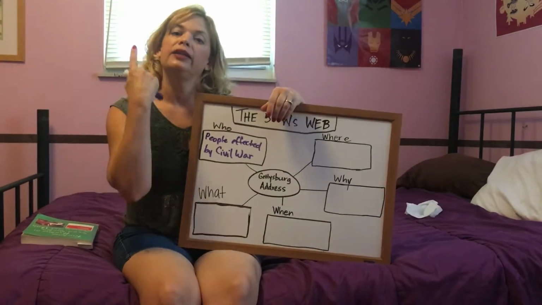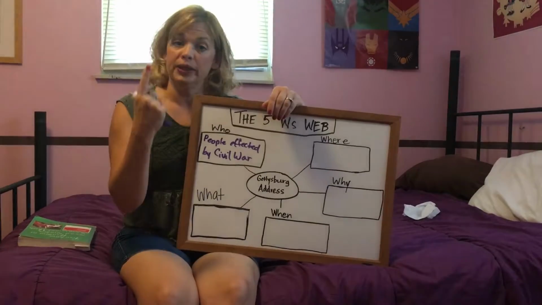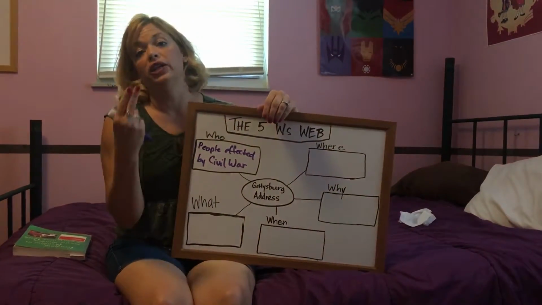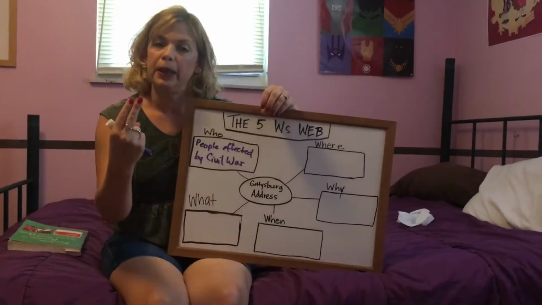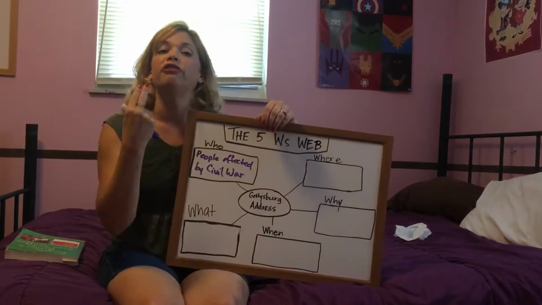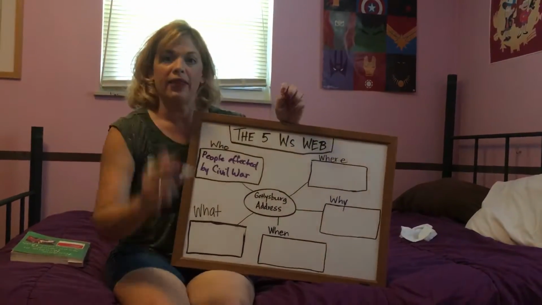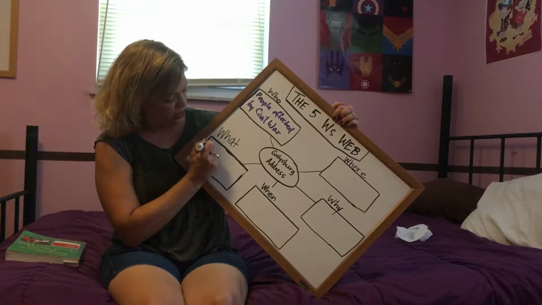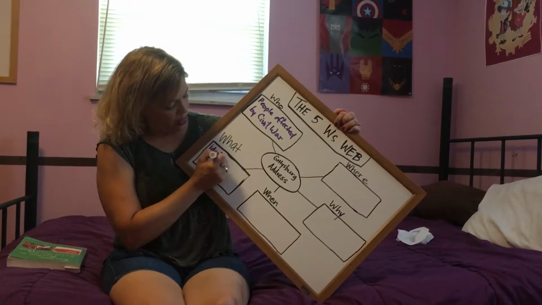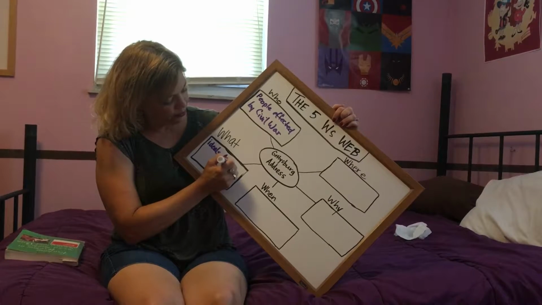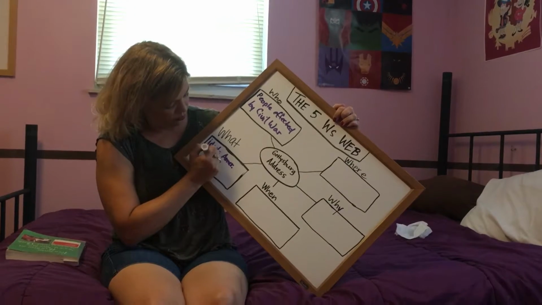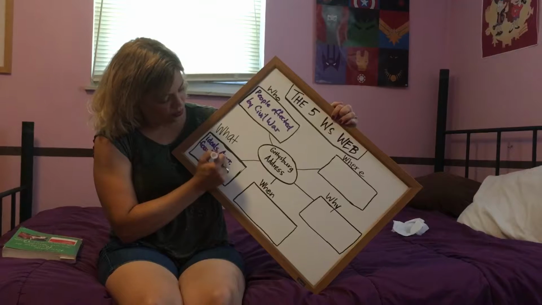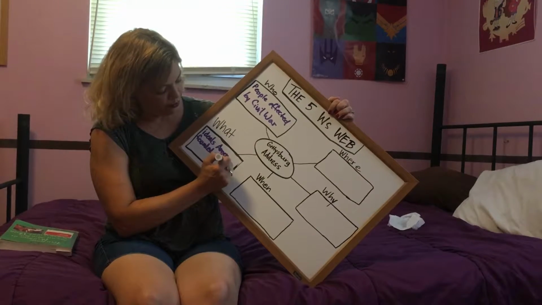That's a what, that this is a country founded on certain principles. And the other what is that the men who died in the Civil War, in his opinion, the Union soldiers, died for that cause. So let's make that our what. It's the ideals that America was founded on, and that the soldiers fought for.